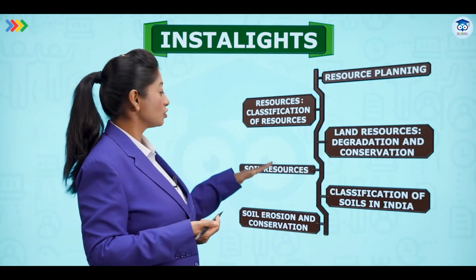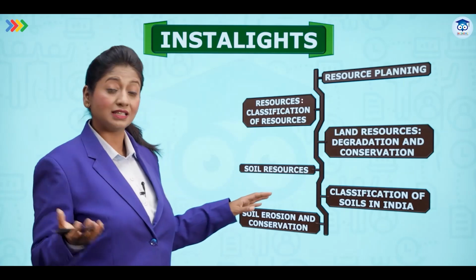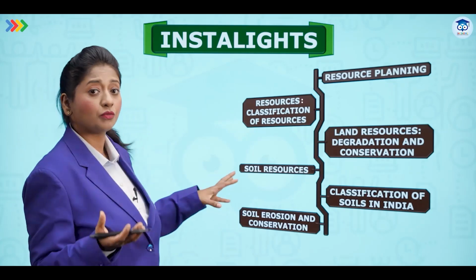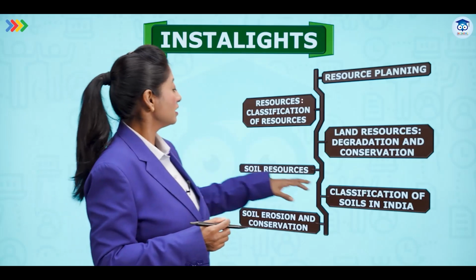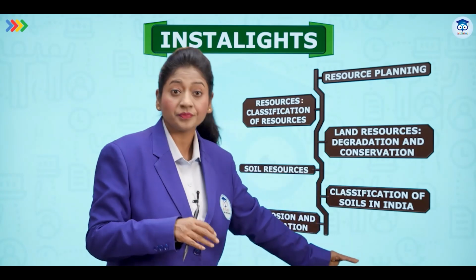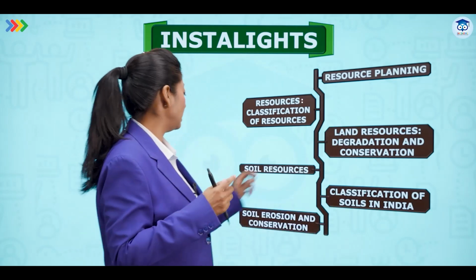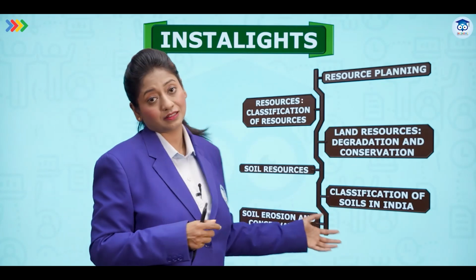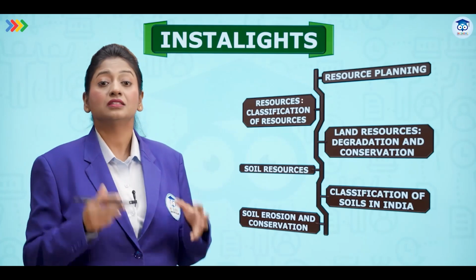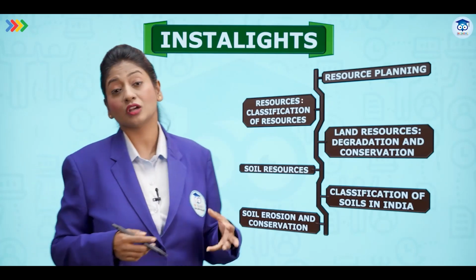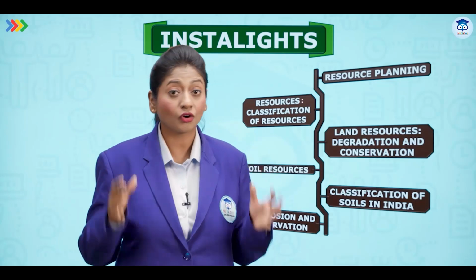We studied soil resources, how important soil is as a resource, how we use it, what types of soil are formed, classification of soil in India, and the characteristics of the soils in detail, soil erosion and conservation, how we can protect the soil from getting eroded. So we have studied all of this.